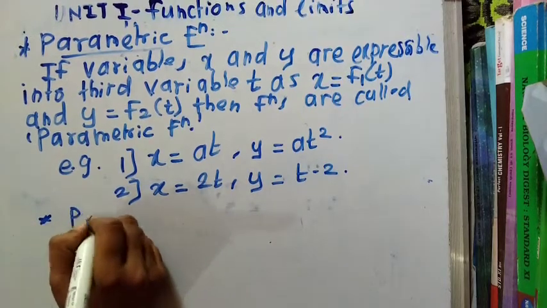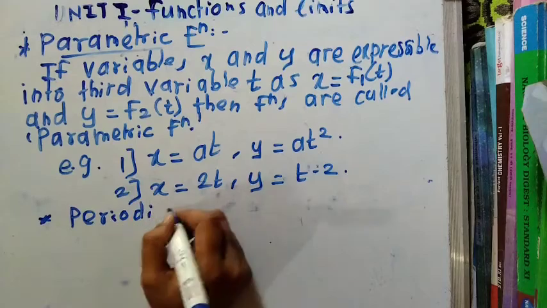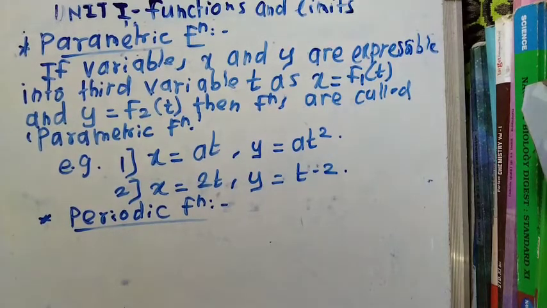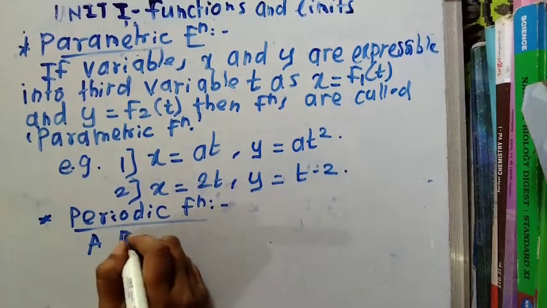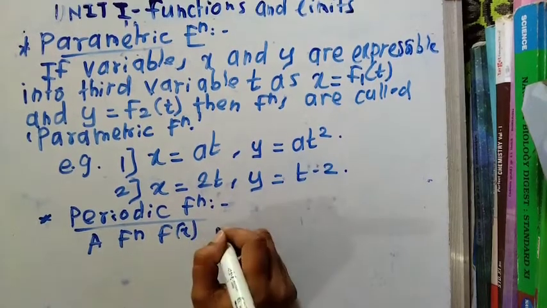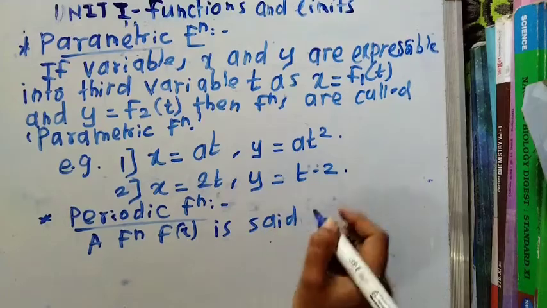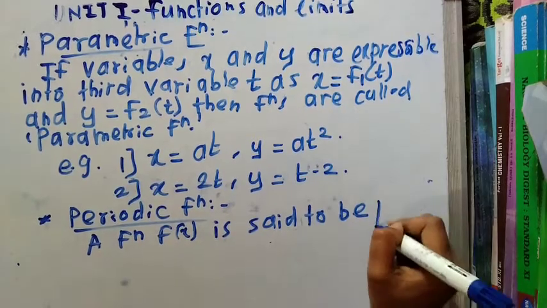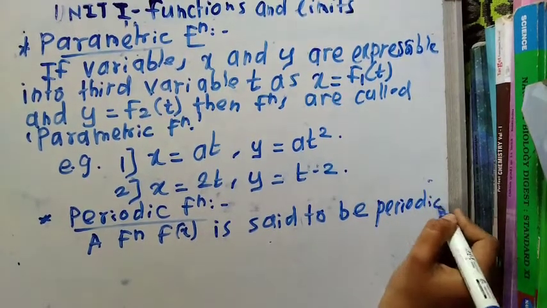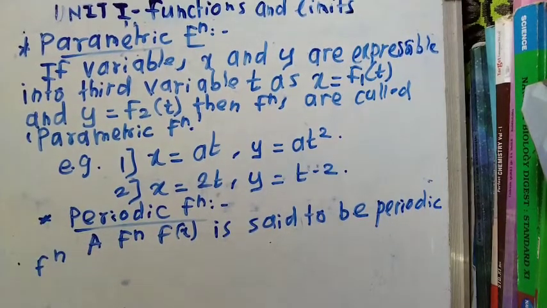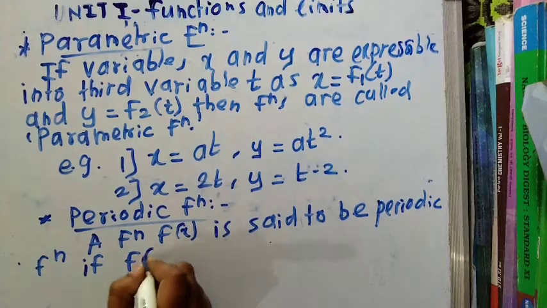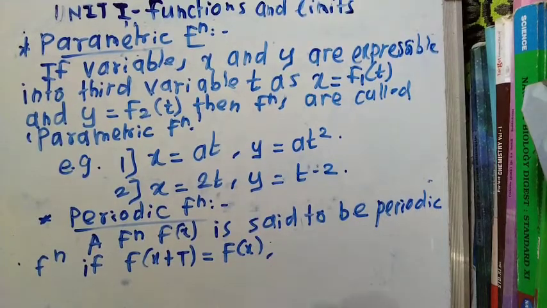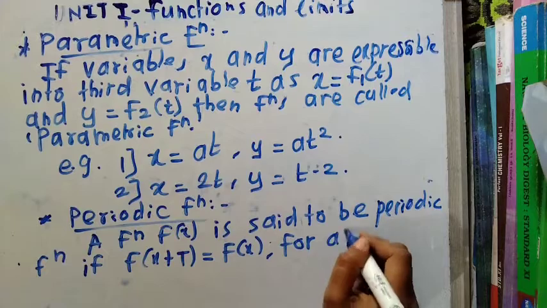Then next is periodic function. A function f of x is said to be a periodic function if f of x plus T is equal to f of x for all x.